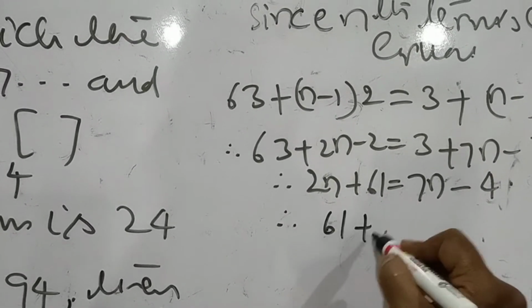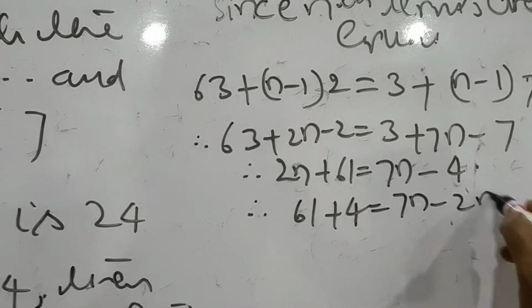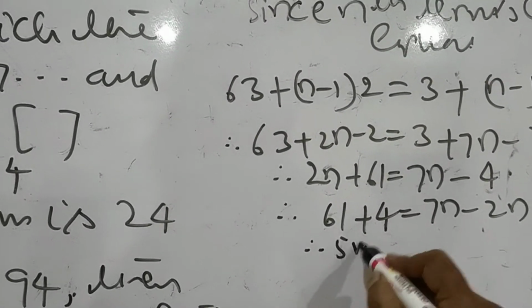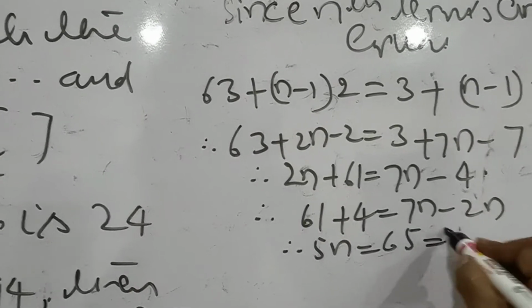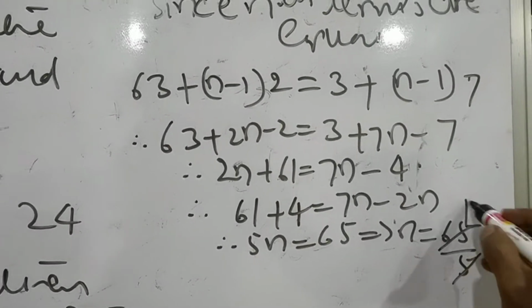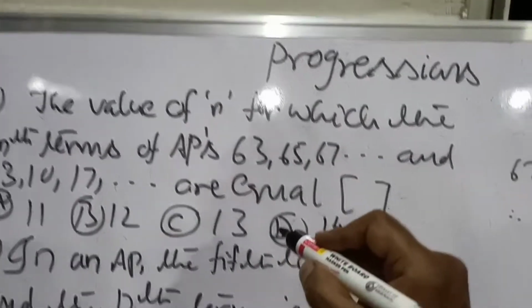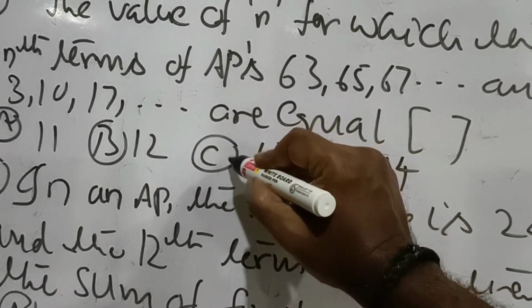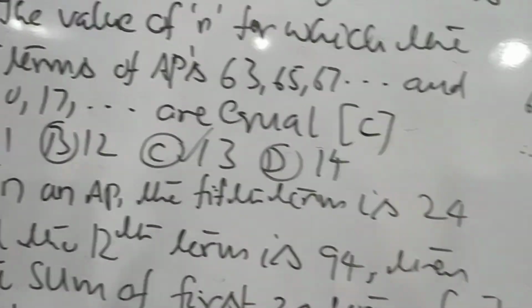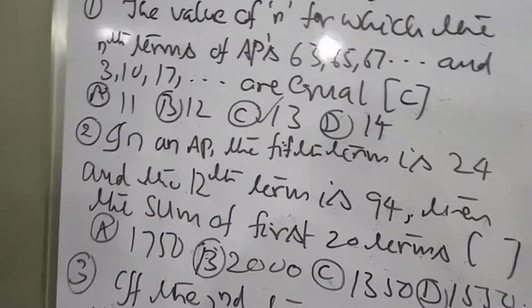On taking n terms to one side and constants to the other side, 5n is equal to 65, n is equal to 65 by 5, that is 13. Therefore, these two progressions have equal nth terms for n is equal to 13. Option is C.